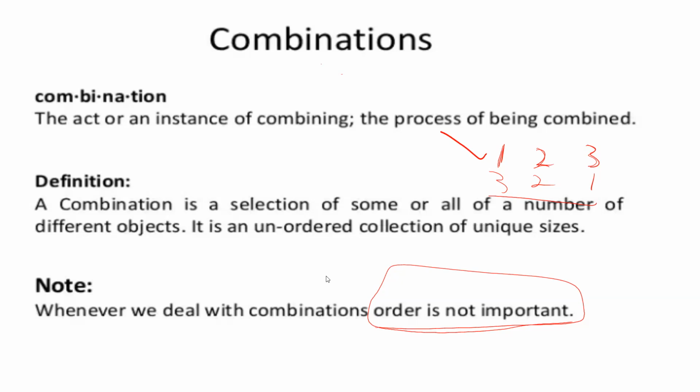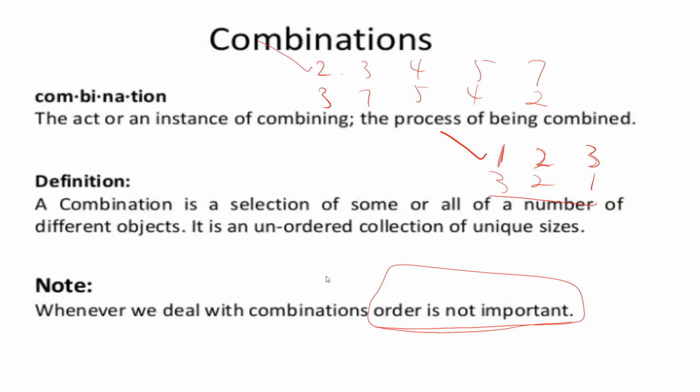You choose 2, 3, 4, 5, 7, and you tell them, give me 2, 3, 4, 5, 7.